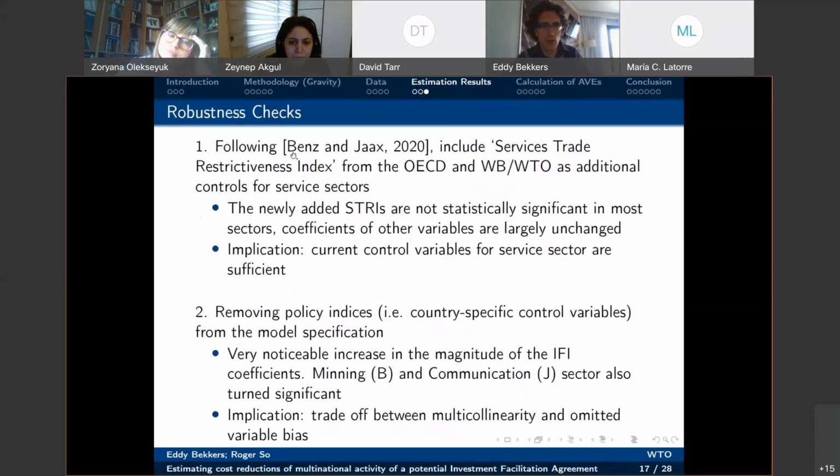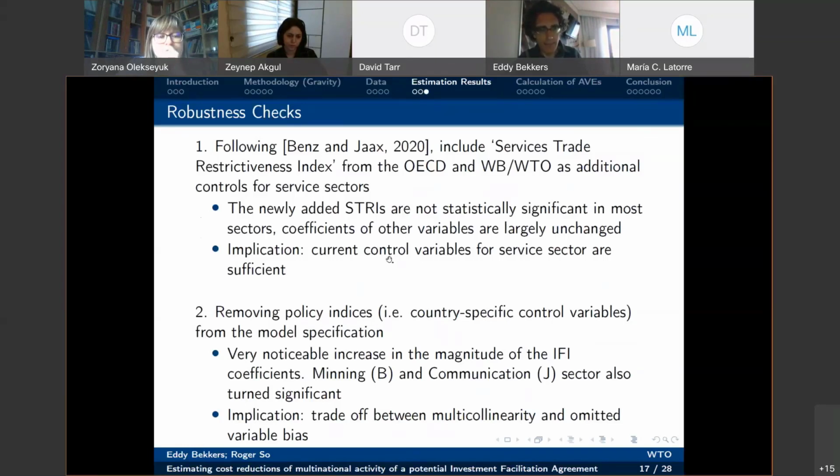But Benz and Jacques also have a paper where they use this approach of interacting importer policy variables with a border dummy, and they also do that for foreign affiliate sales. Obviously their interest is more the STRI, and in our case, maybe somewhat surprisingly, or maybe not, we find that the STRI, if we control for all these other variables, is not significant.